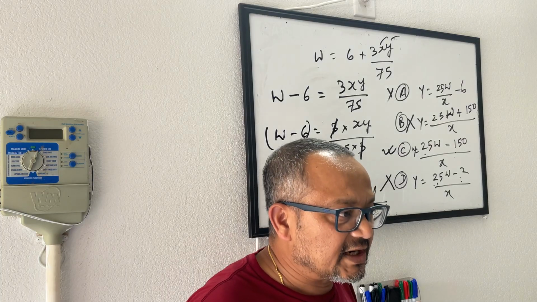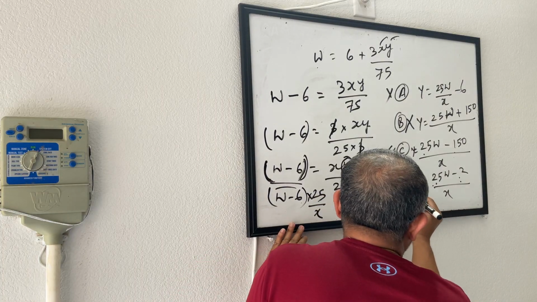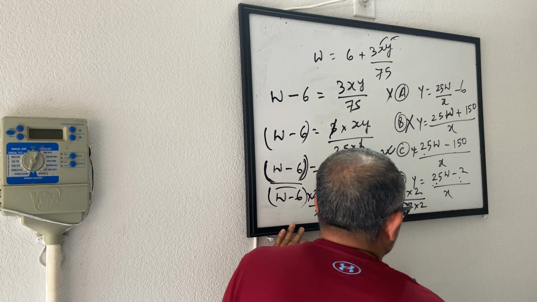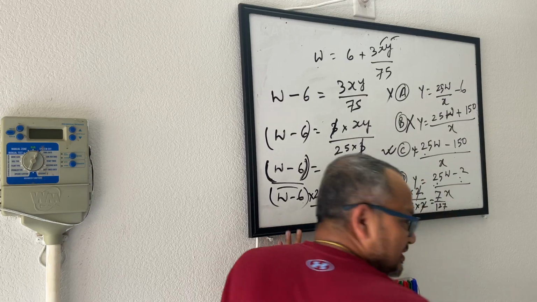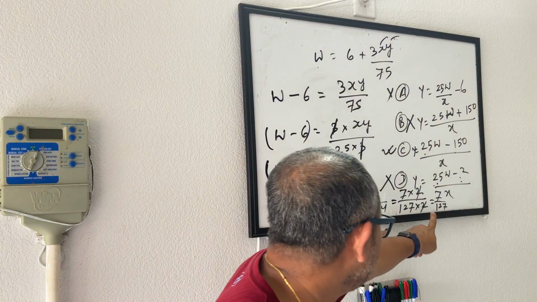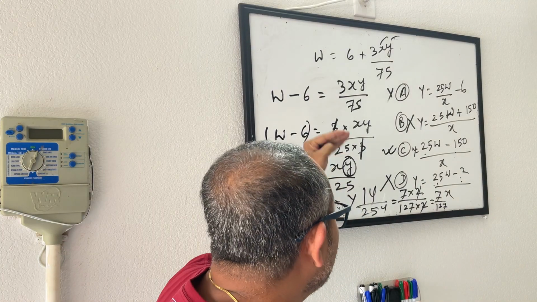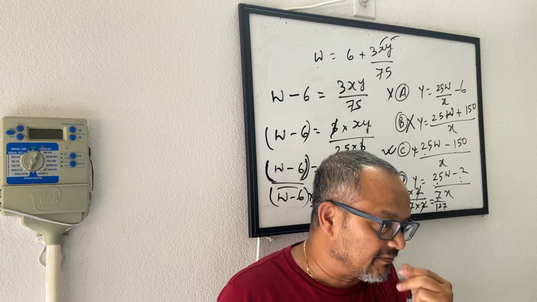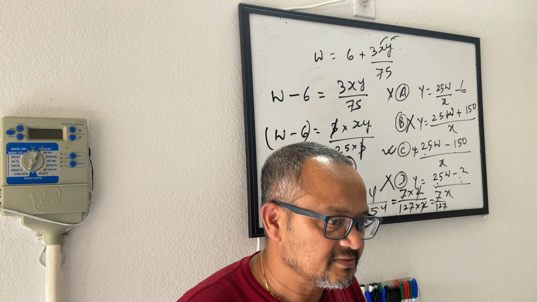Table of 14, yes, I remember. But if I break it down like this, 127 into 2, this makes me feel a little better. 7 by 127 compared to 14 by 254. So I always keep looking for opportunities to simplify the calculation that I'm dealing with. So that way my chances of making mistake get minimized to an extent. Yeah?